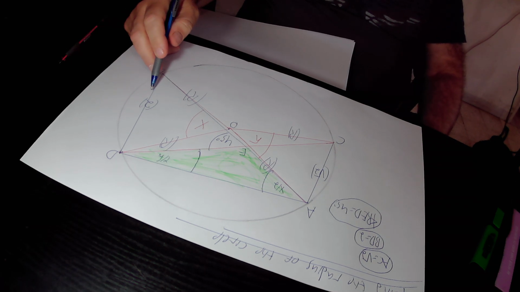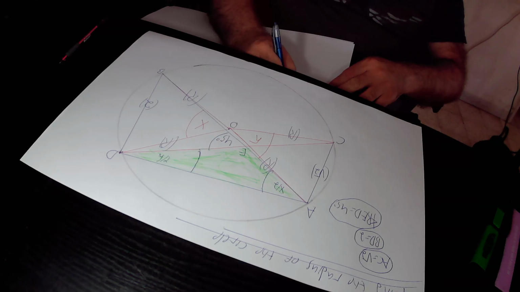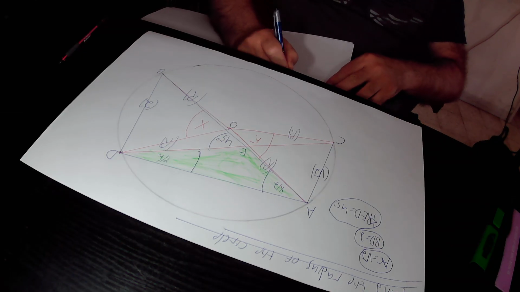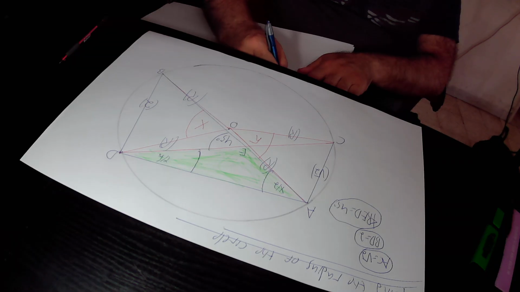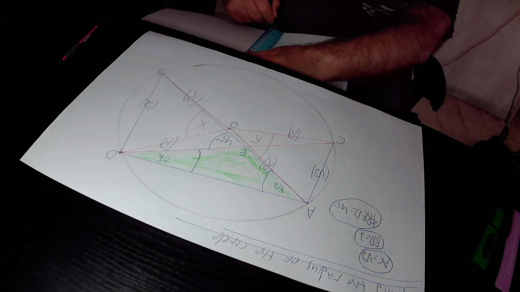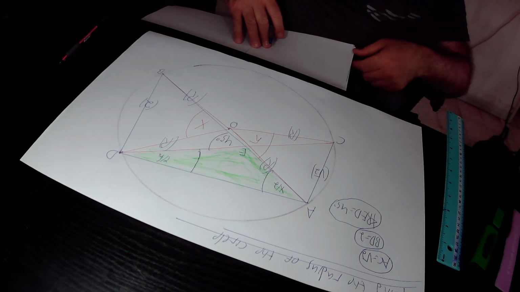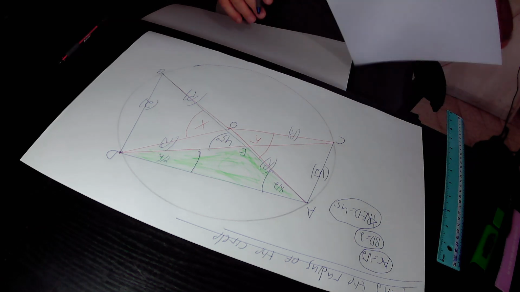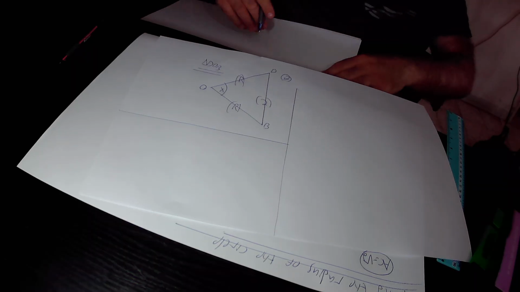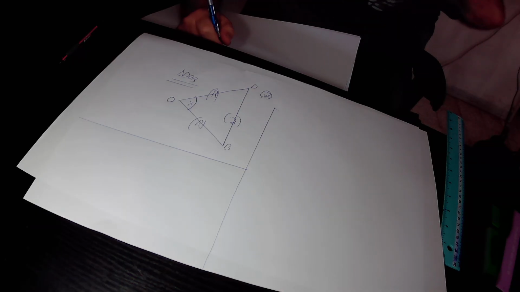Side DB equals 2 units in length according to what is given in the question. So actually, this is triangle DOB, from the original drawing.